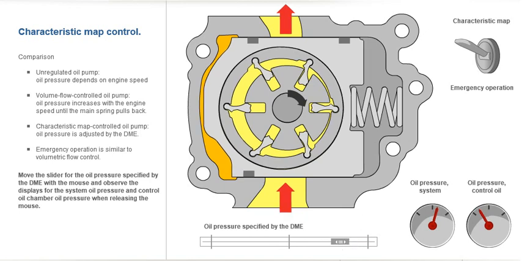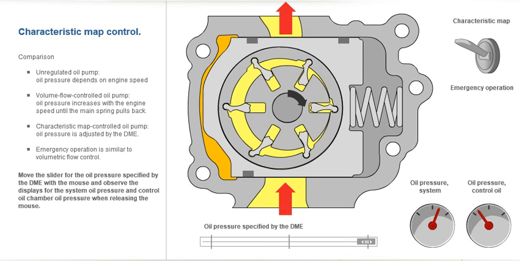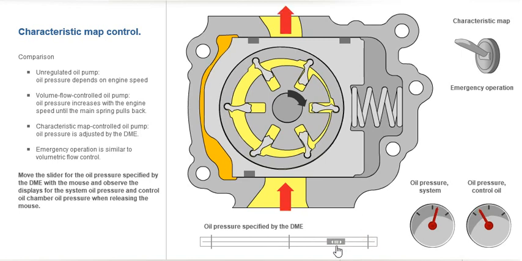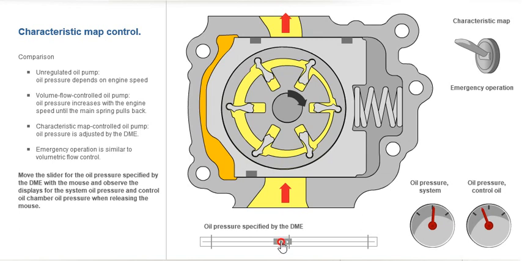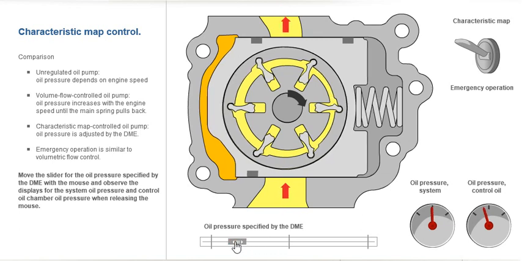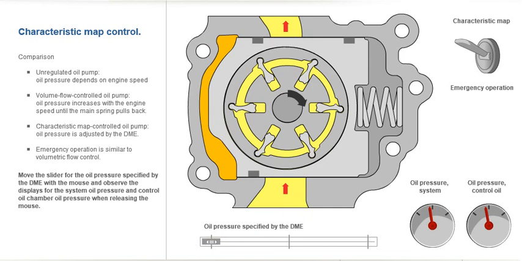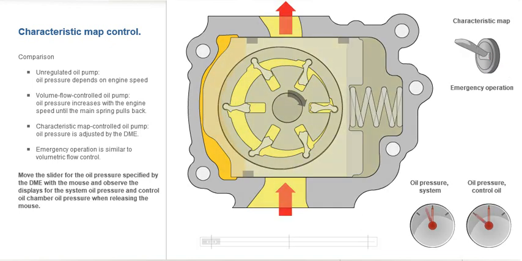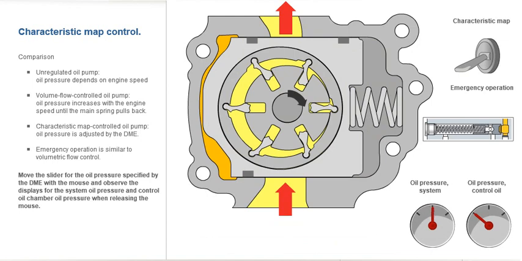Or simply switch the system to emergency mode. If the pressure rises to above 5.5 bar, the emergency valve opens and limits the oil pressure.